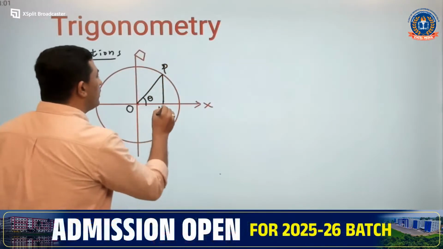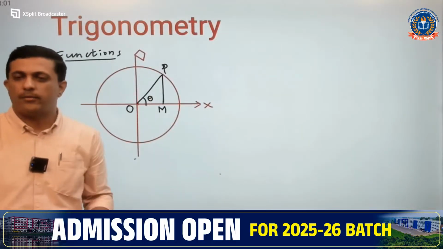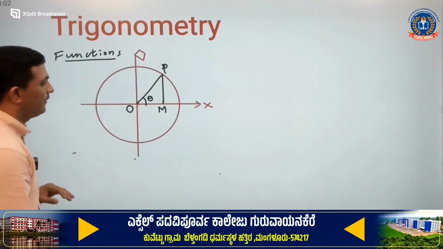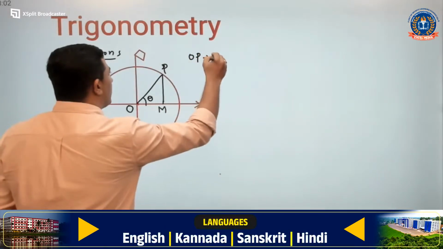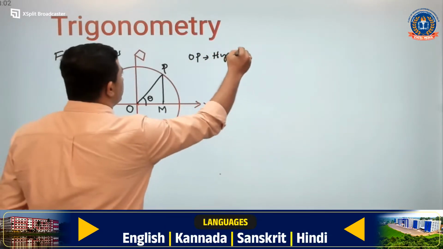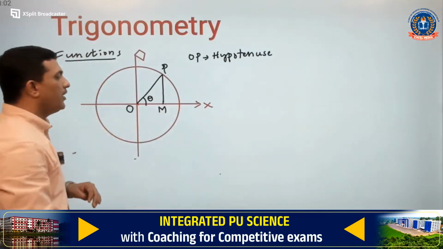And we call this M, which you have already seen, I'm just explaining it to you neatly. Here we call OP the hypotenuse.